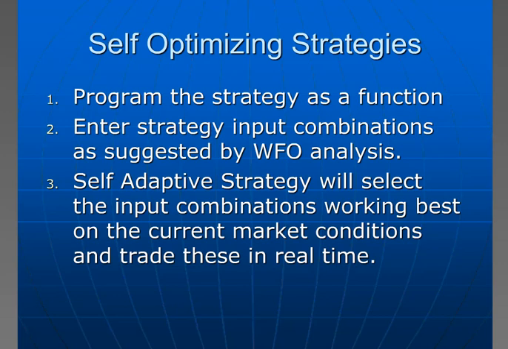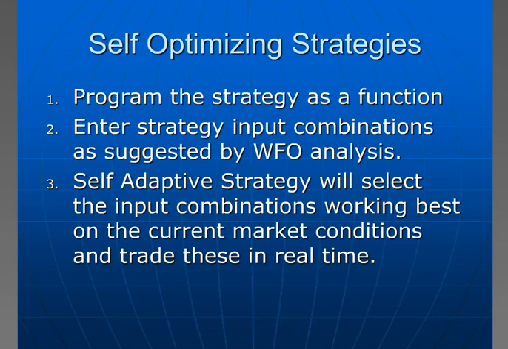So what I've done with this is take this walk forward optimization routine, walk forward testing, and roll it into the self-optimizing strategy. I've set up my self-optimizing strategy to select from the series of walk-forward optimization suggested variable sets into the inputs for the strategy, written as a function.